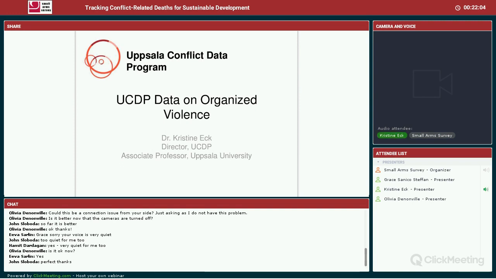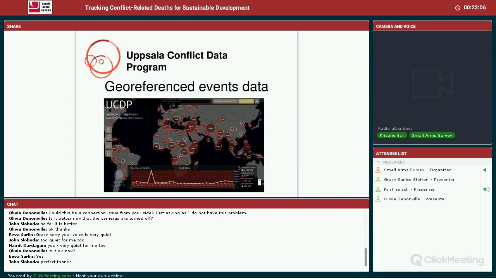Right, let's see if I can manage my slide here. So our data are based on events. Any given event can result in one or more fatalities. And this is the front side of our web page, where you can see from the circles the amount of events or fatalities that occurred in each place.